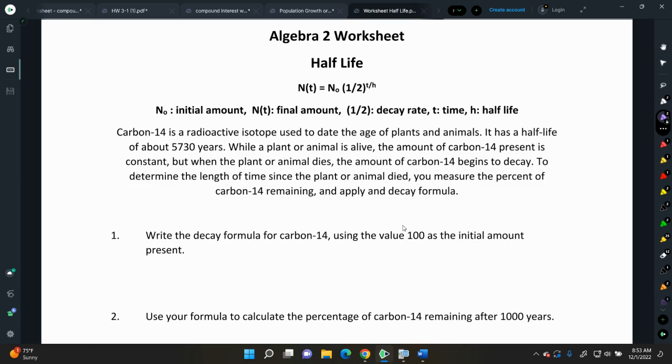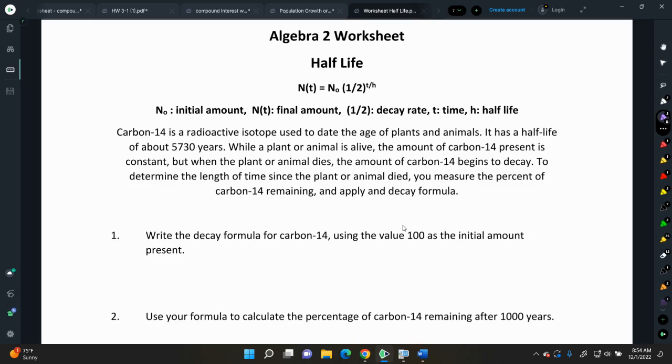So in 10 more days, how much will I have then? 25 grams, right? So it's how much time it has taken to decay to half of its amount. That's exponential. In the first 10 days, I lost 50 grams. In the next 10 days, I lost 25 grams. Right now, I'm down to 25.